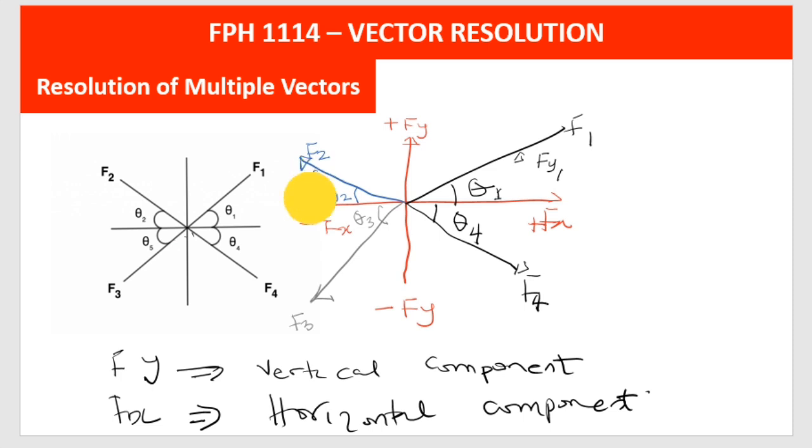Now here I have this place to be my Fy2. Here I have Fy4, and here I have Fy3. Okay, so let's pick the first one and work with it.